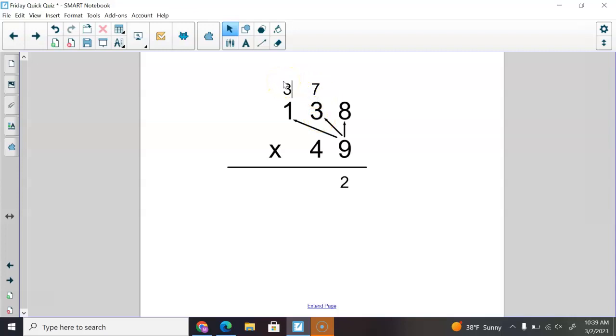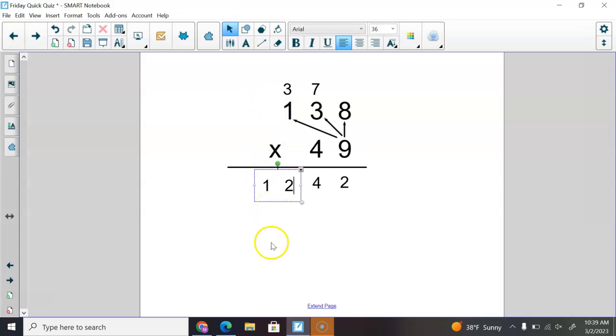So I'm going to carry a 3 up above the next place, and I'm going to leave my 4 behind. Finally, I get to go all the way out to the 1. So now it's 9 times 1, which is 9, but then I have to add that 3, which gives me 12. And since there are no other digits over here, I don't have to carry anymore. So I'm just going to bring down the number 12 down here.